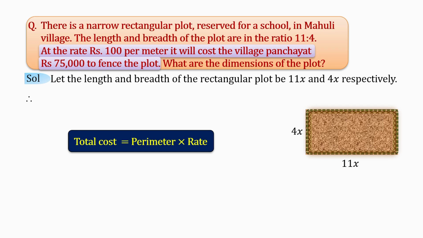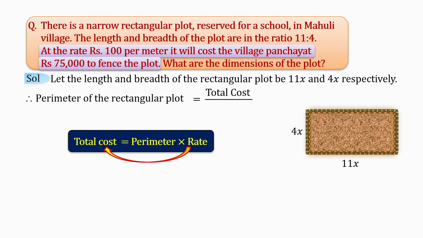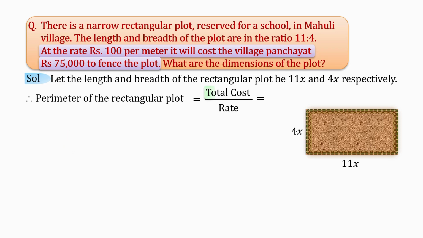So total cost equals the perimeter of the plot multiplied by the rate. So perimeter equals total cost divided by the rate. Total cost is 75,000, the rate is 100. If we divide, we get 750. 750 meter is the perimeter.